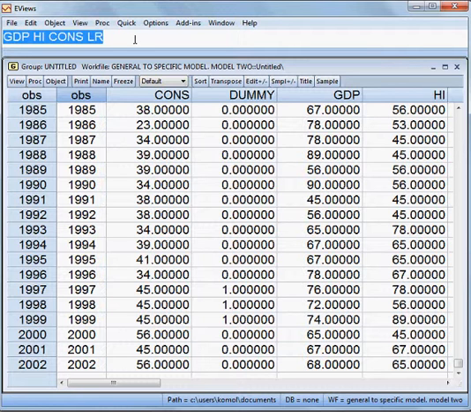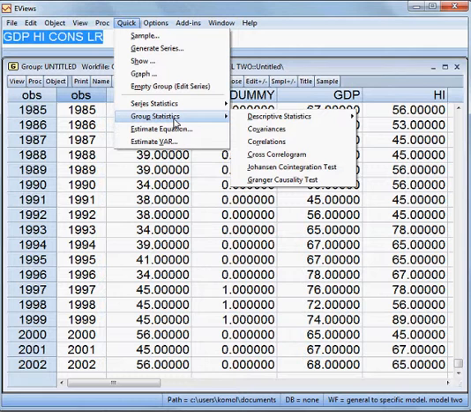Then only we can run the Johansen test of co-integration, because we assume, without testing, that all the four variables have the same level of integration. So we can run the Johansen test now.